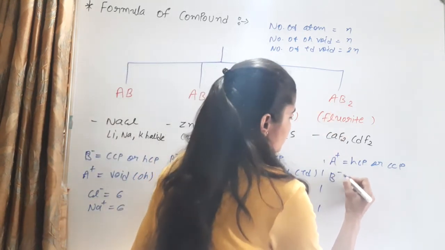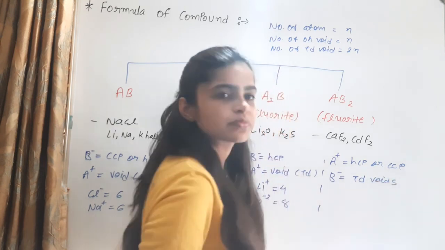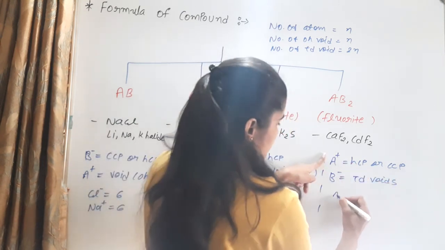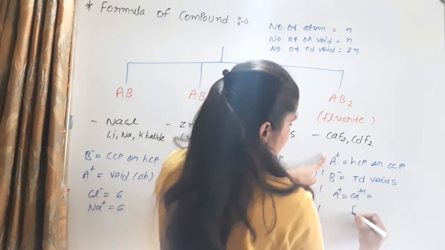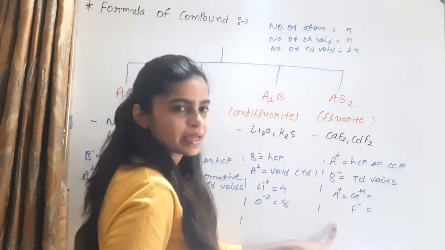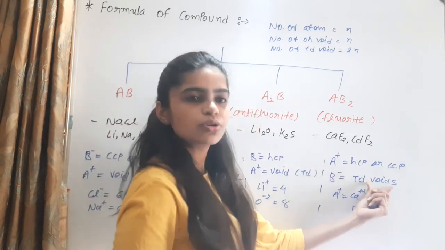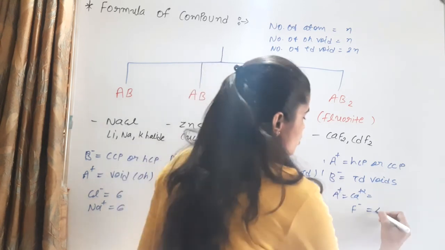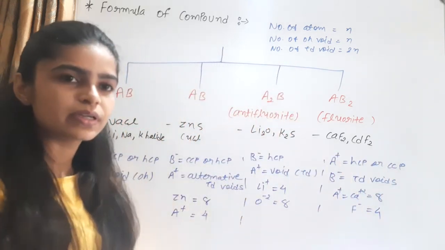Then B minus occupies all tetrahedral voids. For example, A plus is Ca plus 2 and B minus is F minus. So F minus occupies all tetrahedral voids. The tetrahedral void coordination number is 4 and Ca plus 2 has coordination number 8.